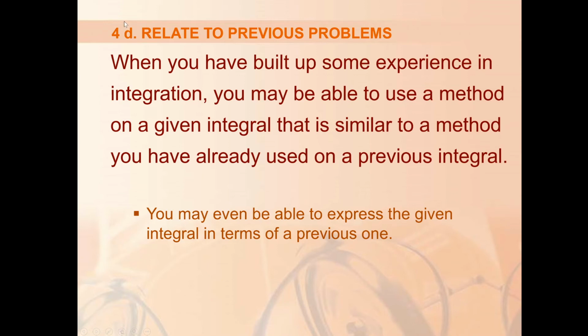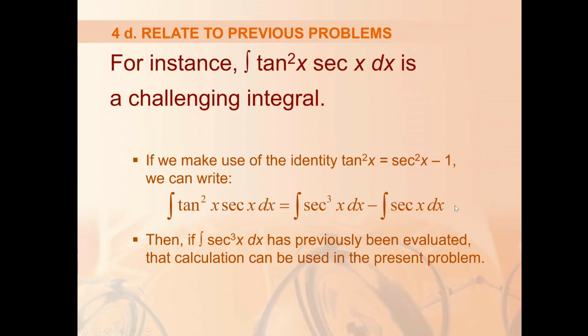Another strategy is related to the previous problem. Something that you did already, so you probably want to look back and find any obvious techniques that we can apply. For instance, let's say we have the integral of tangent squared of x times secant of x dx. Basically, we can just separate them.